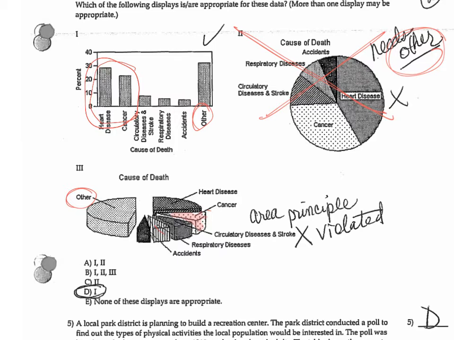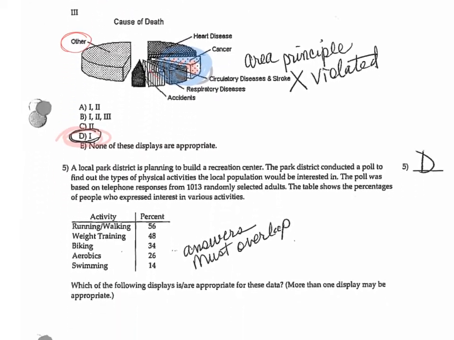And it's obviously not smaller than respiratory disease or even the same size. It looks too close. So this cancer area is way out of whack when it comes to the size of it. So that violates the area principle. So, therefore, 1 is the best picture, and so 1D is the answer. All right, next section.